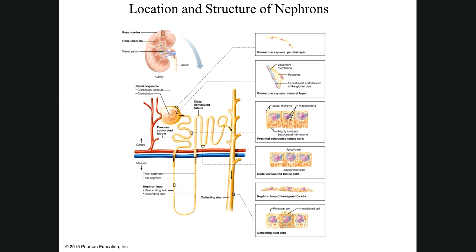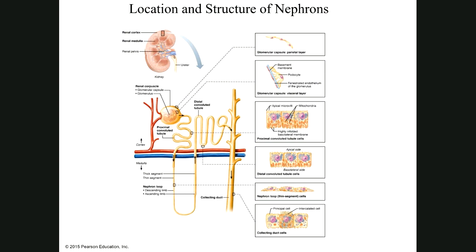And between those feet of the podocytes, you see those slits, this is what we call filtration slits between the processes, which allow the filtrate to pass into the capsular space.